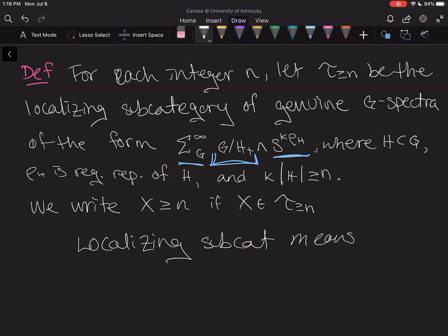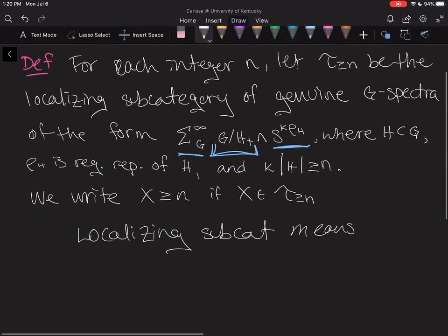Yes, great question. Hill, Hopkins and Ravenel came up with the slice filtration, and then later John Ullman modified it to get the regular slice filtration. The only difference is a shift by 1 in the dimensions. Exactly, so everything I'm doing today uses the regular slice filtration. Okay, thanks.